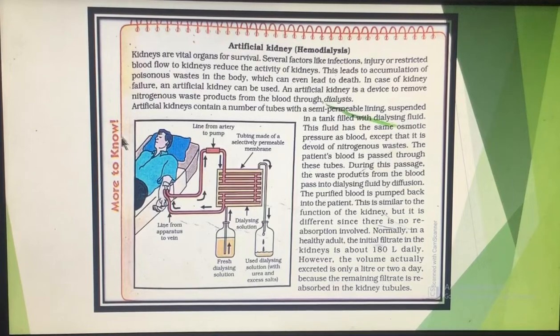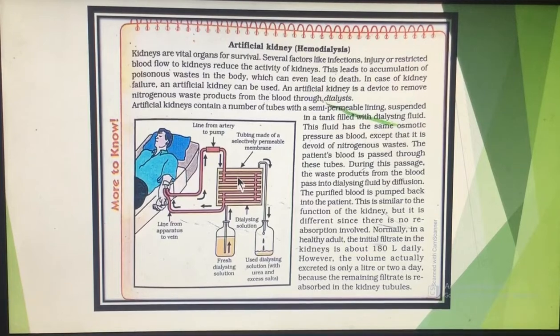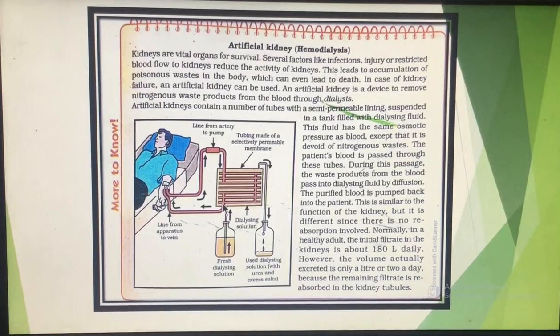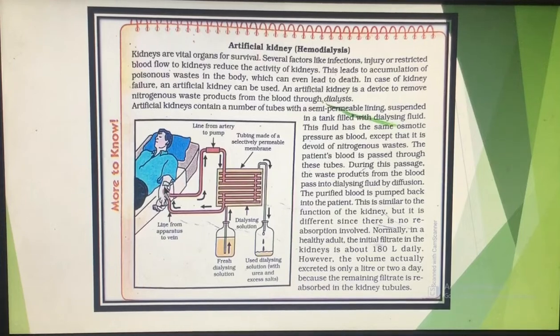When the blood from the person moves through these tubes, then from the surface of the tube, by the process known as diffusion, the urea, uric acid and ammonia, that is the nitrogenous waste products, are removed from the blood and come into the dialysing fluid, and this dialysing fluid is taken out. The purified blood, meaning the blood from which the nitrogenous waste material has been removed, is pumped back, inserted back into the vein of the person.